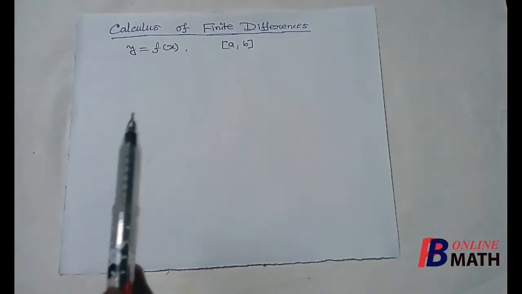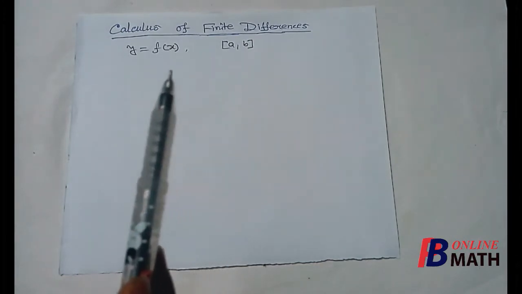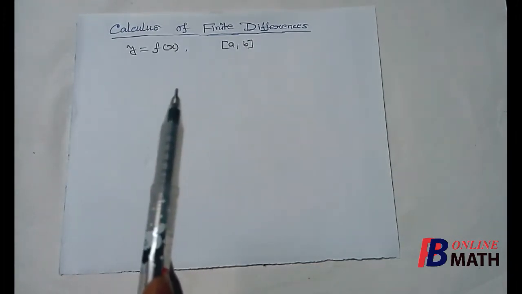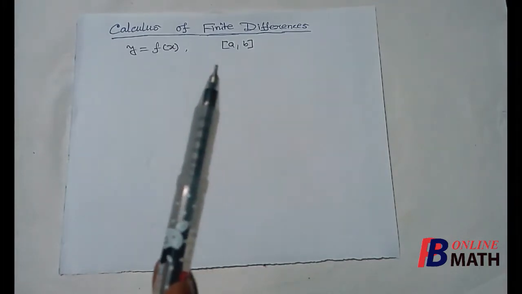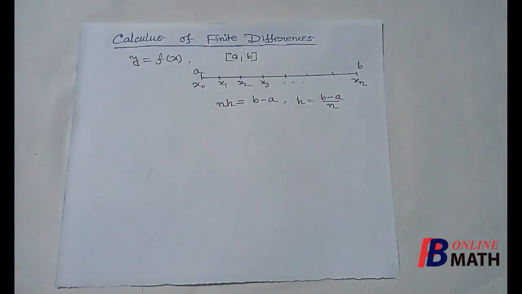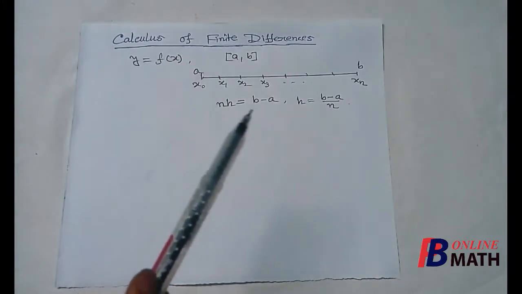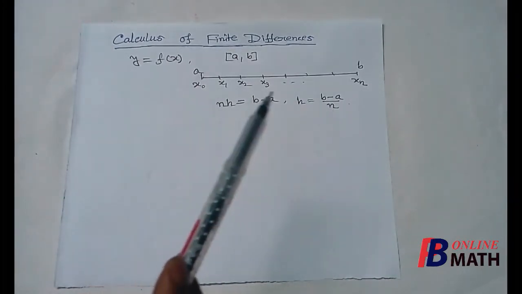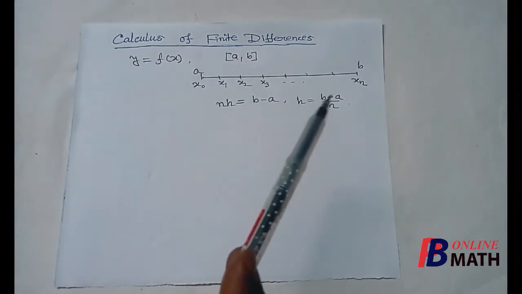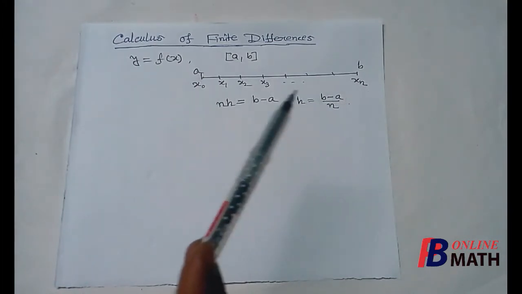First, we assume that y equal to f(x) is a given function on this interval a to b. So the function f(x) is defined on this interval a to b. We shall break this interval into n equal parts. If we break the interval a to b into n equal parts by these n plus 1 points, namely x0, x1, x2, x3 up to xn, then the total length is b minus a.